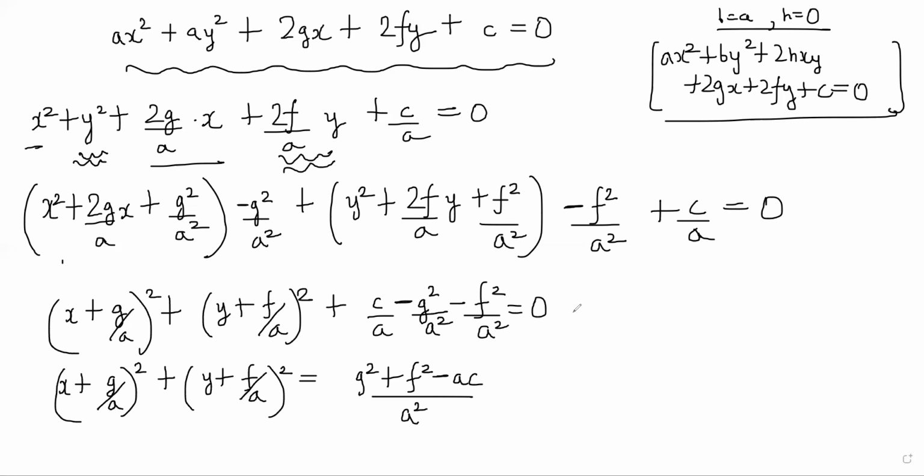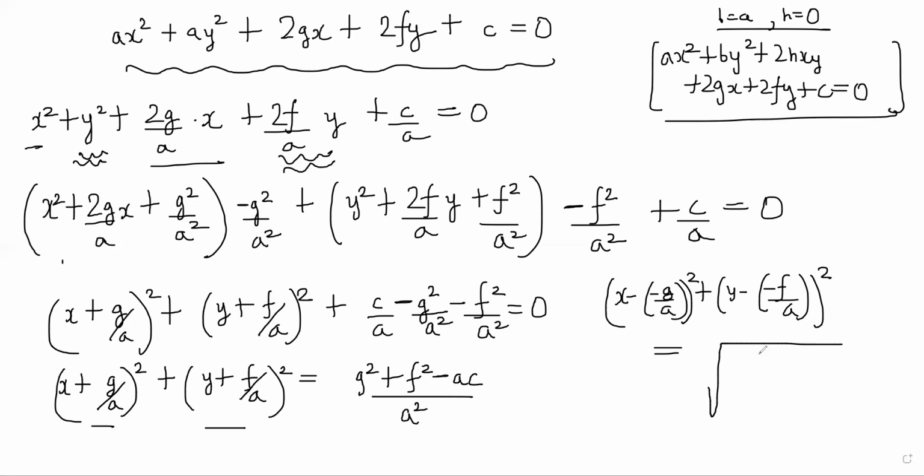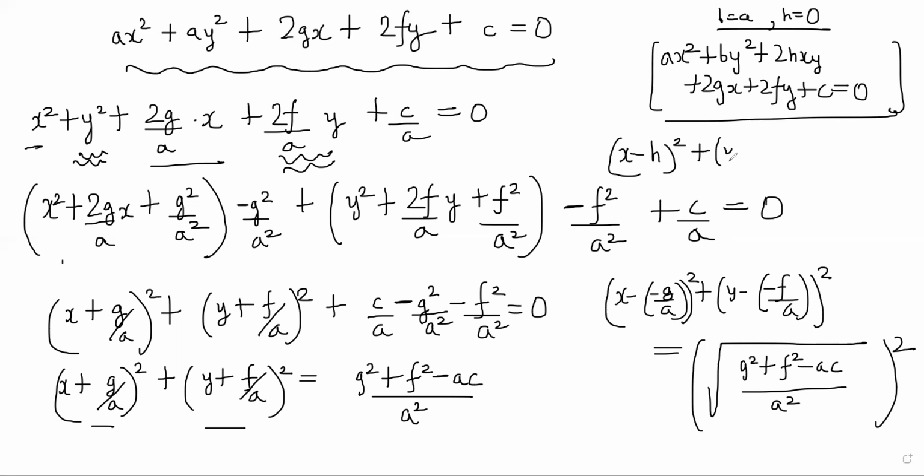And now we can write this as (x minus (minus g by a)) whole square plus (y minus (minus f by a)) whole square is equal to the square of root over (g square plus f square minus ac) by a square, right? Now this looks like the earlier thing that we had written, no? (x minus h) whole square plus (y minus k) whole square is equal to r square, right?